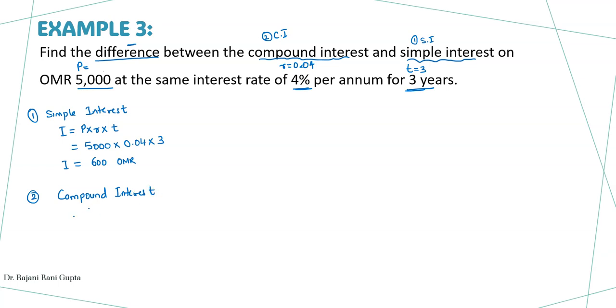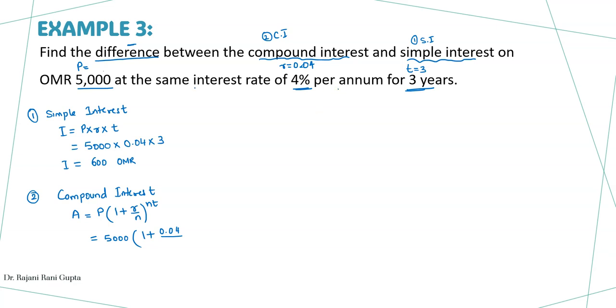So to find the compound interest, first you have to find the amount by using the formula, P times 1 plus R over N to the power NT. So P is 5,000. 1 plus R is 0.04 over N. How do we get N?